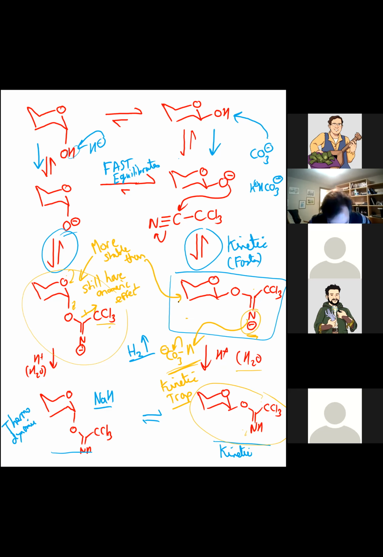So this guy's more stable than that, and those guys are in equilibrium because we're in sodium hydride. That TCA is adding, it's falling off because that N minus can't satisfy itself. There's no proton available, so eventually you build up a pool of this. Everything starts sinking down to this stuff here. This is the thermosink.